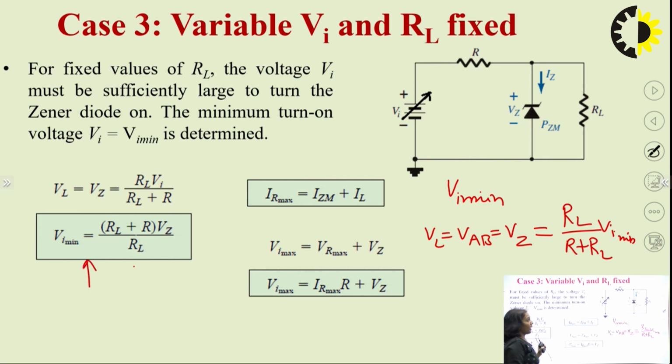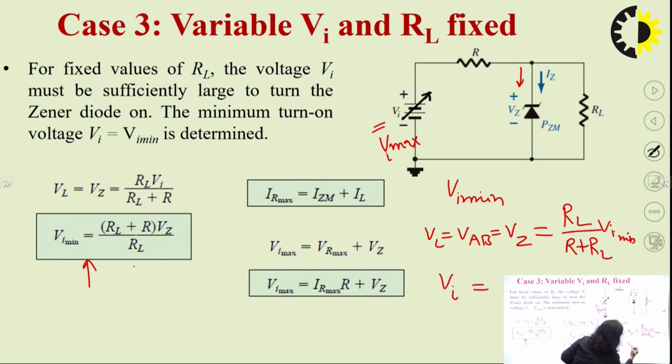Once we calculate the Vi minimum, now we need to calculate Vi maximum. Because this value is variable, and this Vz is a fixed value, Vi is equal to Vr plus Vz, and this Vz will always be fixed. If I want to calculate Vi maximum, then this Vr should be maximum.